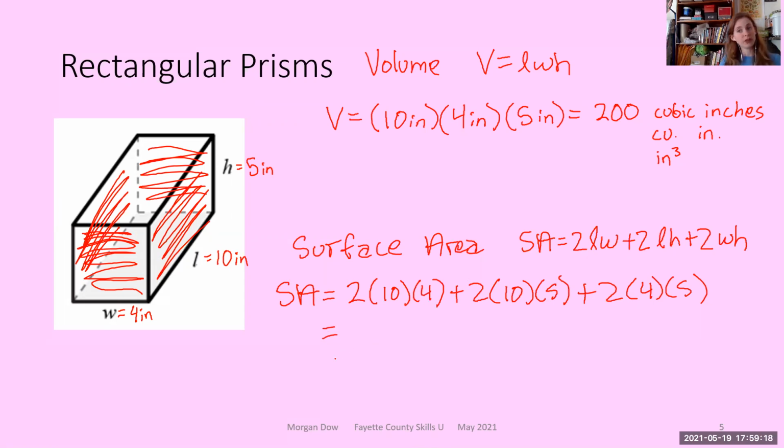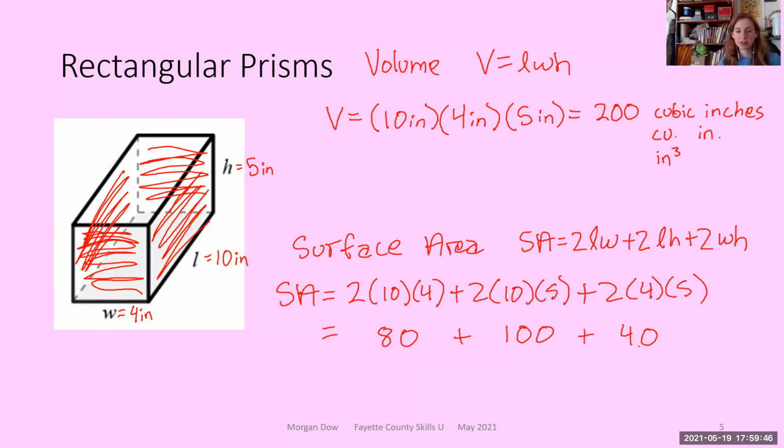I'm going to do all of my multiplying first and then do my adding. So 2 times 10 times 4. 10 times 4 is 40, times 2 is 80. 10 times 5 is 50, times 2 is 100. And 4 times 5 is 20, times 2 is 40.